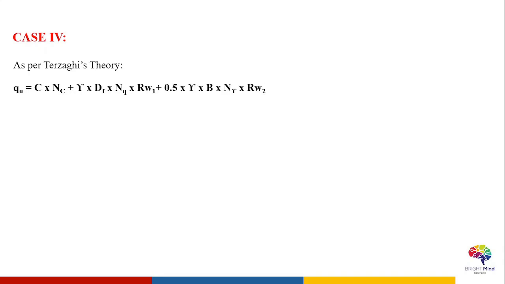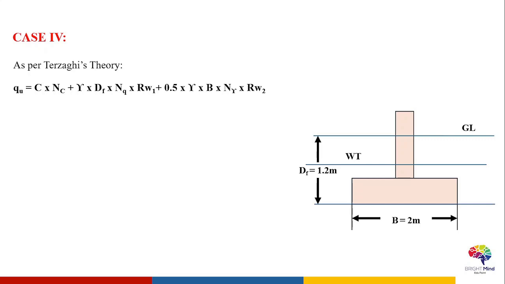Now the fourth condition in which the water table is placed is 0.5 meter below the ground level. So again we'll be making use of the Terzaghi's theory and writing the equation that we have discussed in the previous slides. So in this case the ZW1 value is 0.5 and ZW2 value is not to be considered as the water is above the base of the footing.